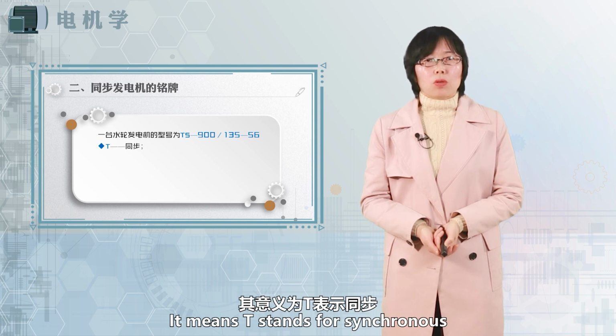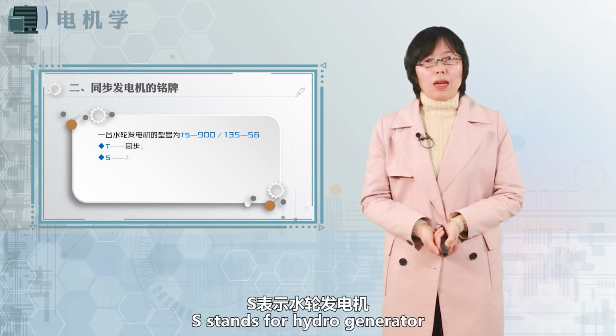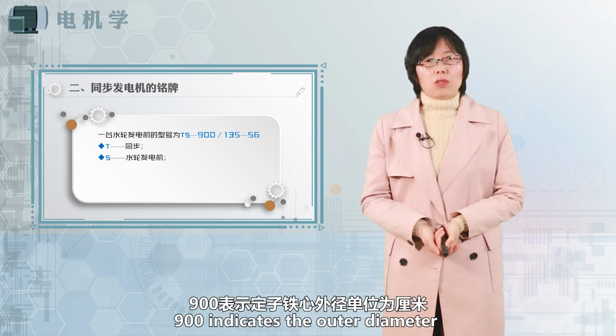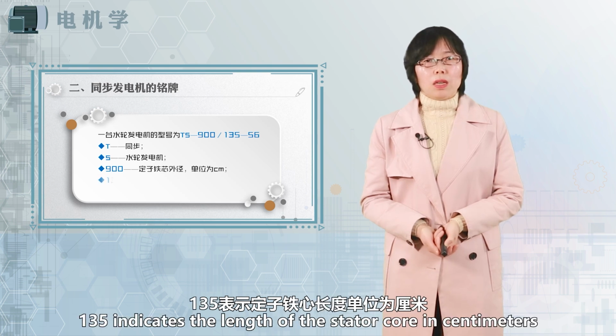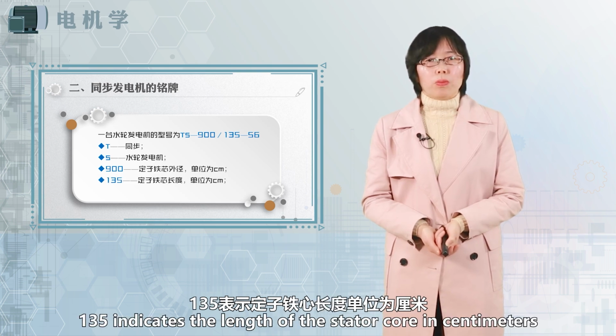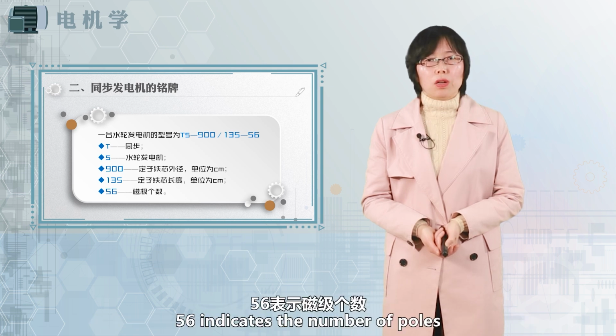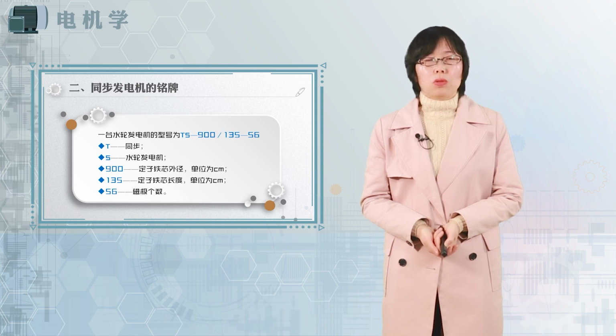T stands for synchronous, S stands for hydro generator. 900 indicates the outer diameter of the stator core in centimeters. 135 indicates the length of the stator core in centimeters. 56 indicates the number of poles.